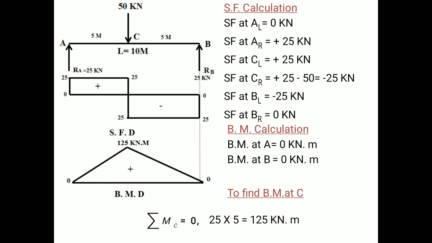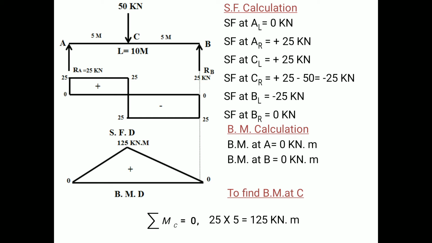Now remember that while calculating the value of shear forces on the beam, we have to consider a number of points. So the first point is, to find out the shear force at any section, consider all the vertical forces on any one side of the section, either left hand side or right hand side.